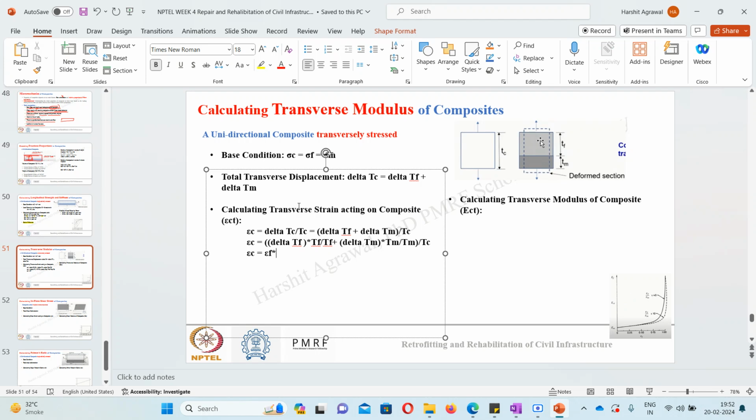Since the area is the same, TF by TC is nothing but the volume fraction. And here it will become strain of matrix times the volume fraction of matrix. So you can see how, simply knowing the strain in fiber and strain in matrix, I can calculate the strain in my composite.